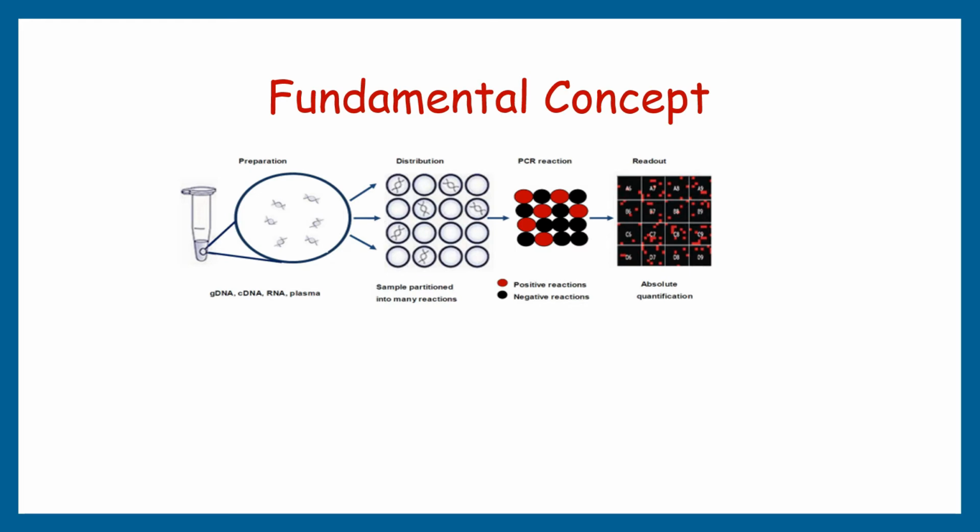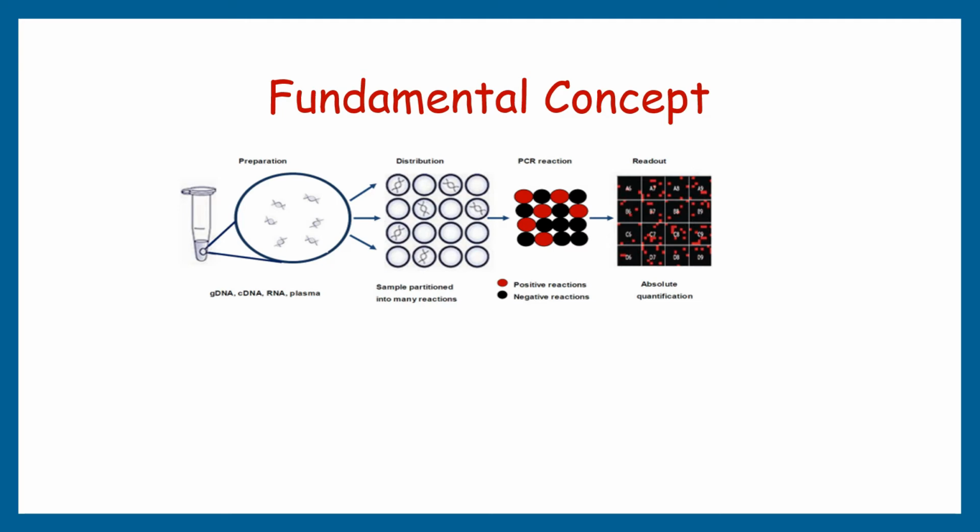The mode of processing is similar to real-time PCR. Once the fluorescent labeled probe binds to the DNA, it emits light which is measured by the machine. The absolute quantification of target DNA is done using the Poisson distribution method, using the numbers of positive versus negative reactions in each compartment.